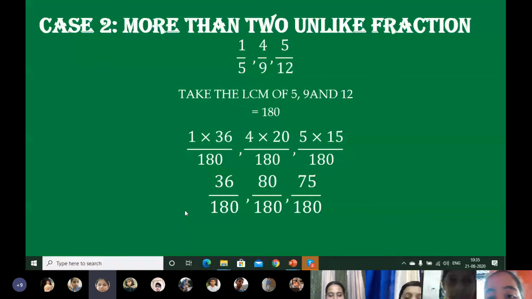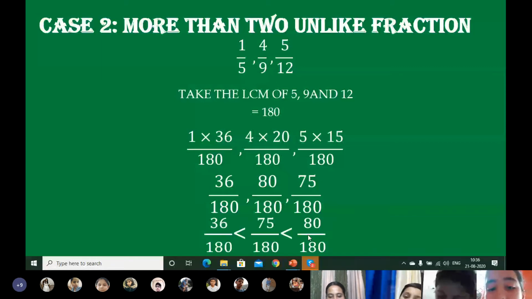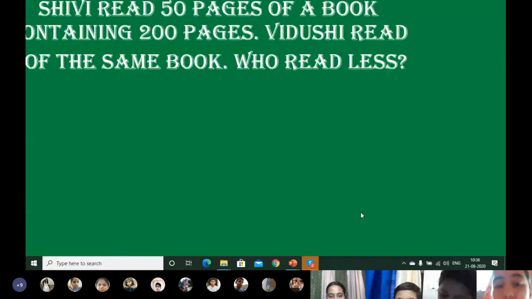So which is the smallest number? Ma'am, 36 upon 180. So 36 by 180 is less than 75 by 180, which is less than 80 by 180.